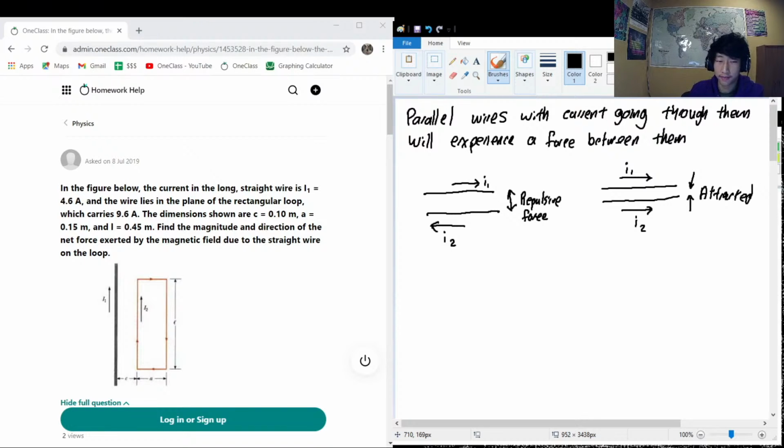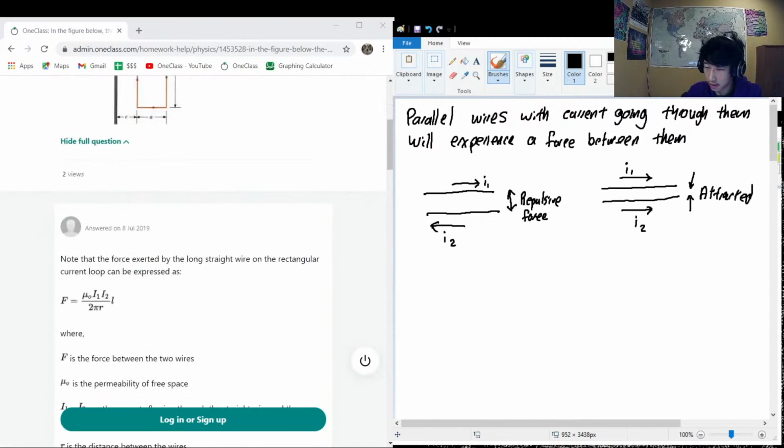It's kind of like, think about your friendships. You get closer to people who are going in the same direction as you. You get farther from people who are going different directions from you. We want to get closer to people who are coming along our same path, okay? That's the nice way that I use to remember this. And the equation for that force between them is like this.